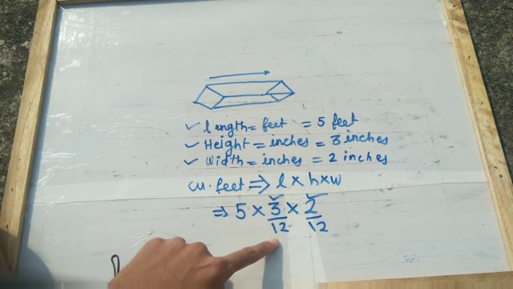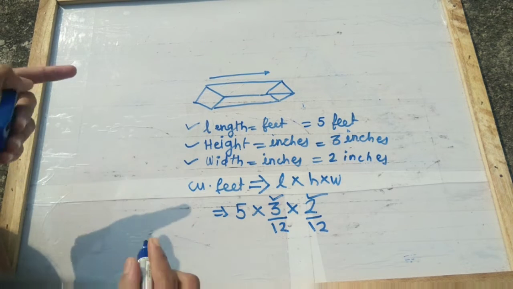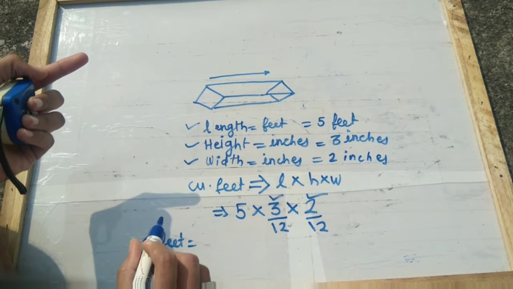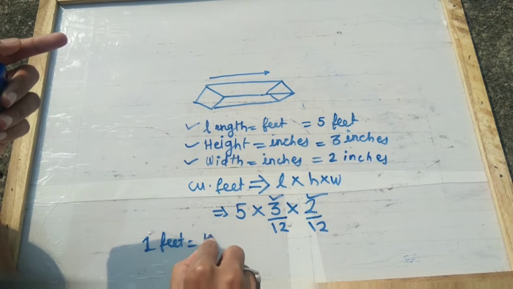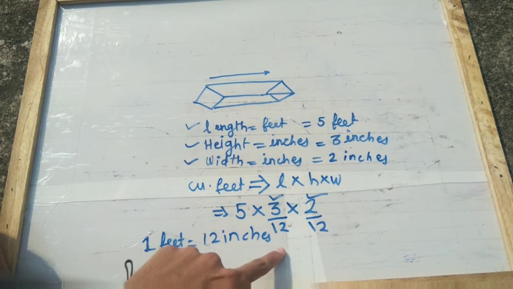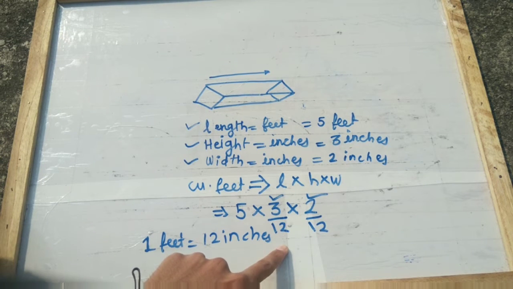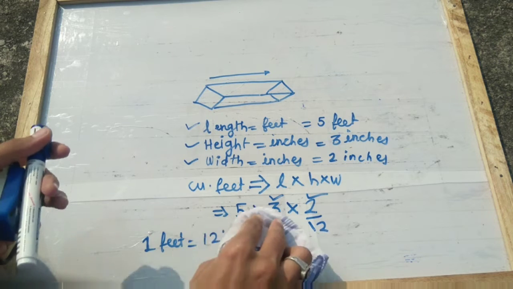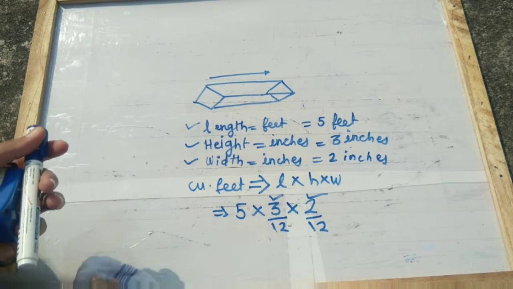So friends, why do we take 12? Because 1 feet is equal to 12 inches. So that is why I take 12 in the denominator. So therefore we can easily calculate our wood price. So friends, now take calculator.